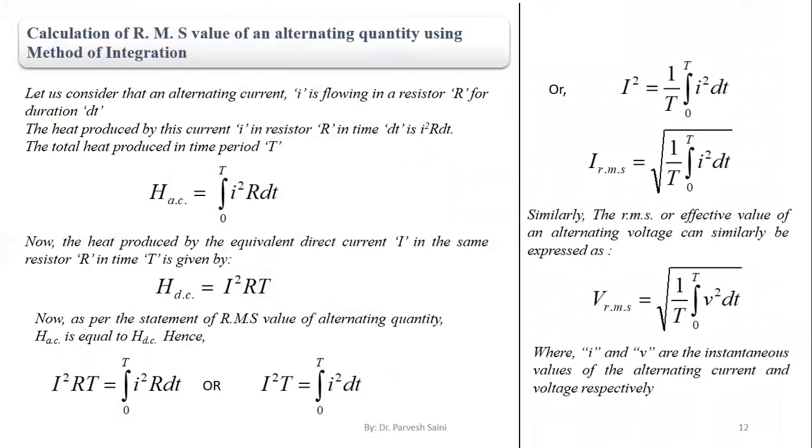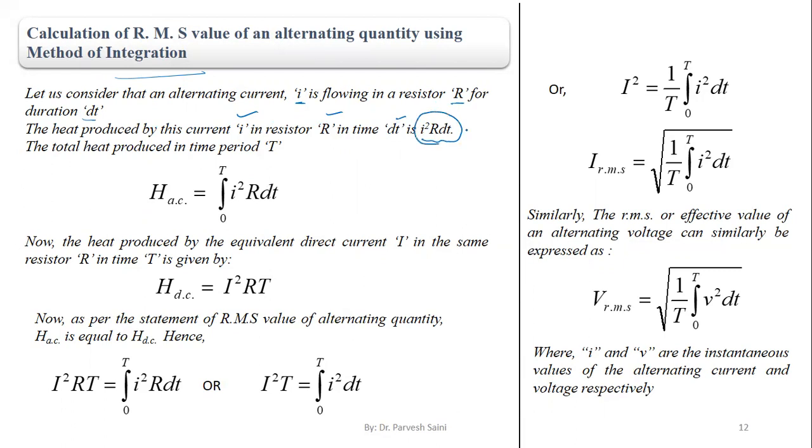Similarly, we can use the method of integration to find out the RMS, in the same way as we did for the average value. The concept is very simple. For example, if you have a current I that flows through some resistance R for duration dt, the amount of heat produced is I square R dt.